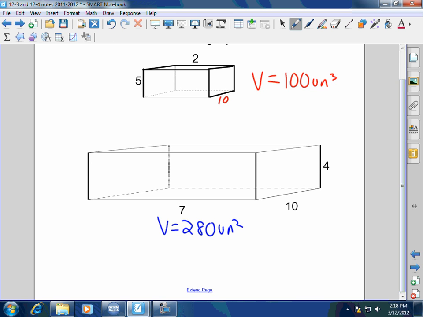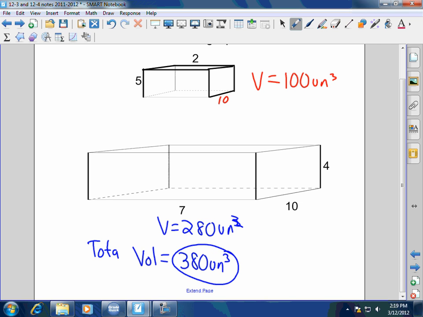So what is my total volume? Yes, that is cubed. Sorry, son. Thank you. So this is going to be 380 units cubed. And that's it. That's what I'm looking for.